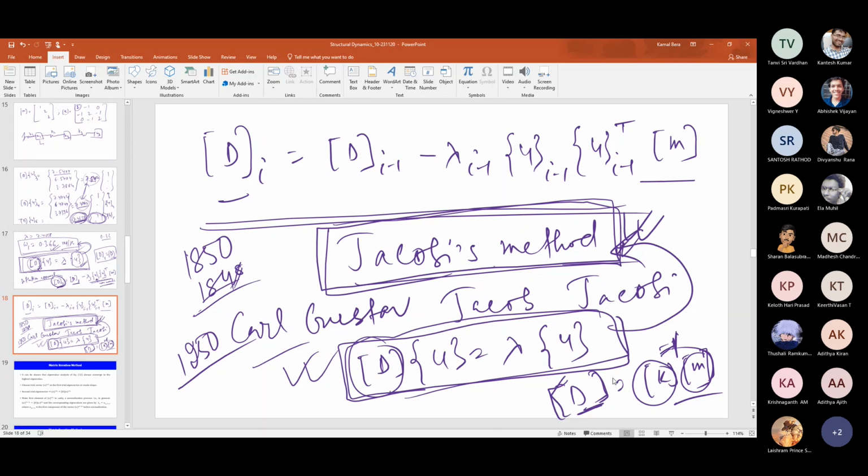So obviously in class we will not be able to solve it. I'll just give you the idea of the method itself, and how to convert the non-symmetric D matrix to a symmetric one through Cholesky decomposition, or Cholesky factorization. Once you have the symmetric D matrix, you can apply the Jacobi's method, and we will discuss what the Jacobi method is in tomorrow's class.